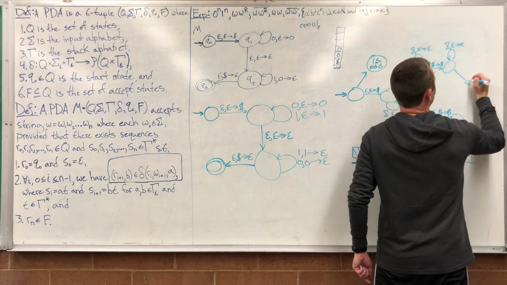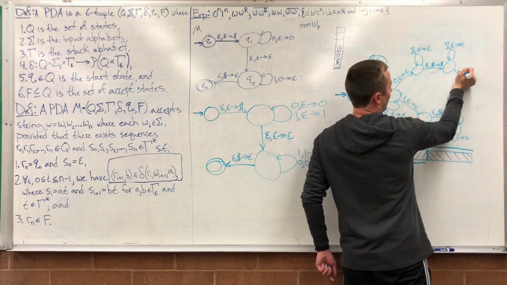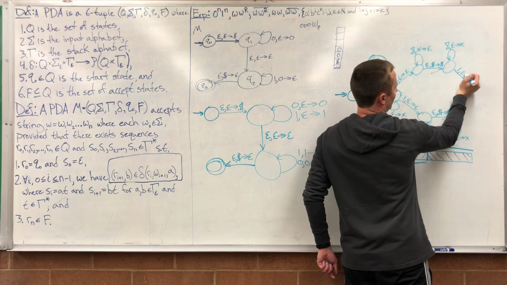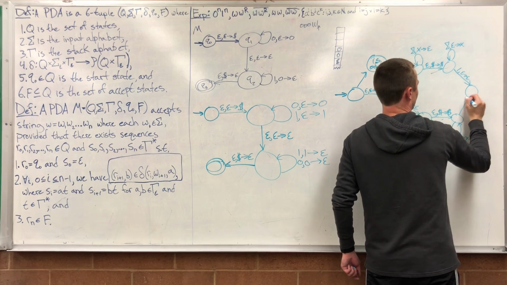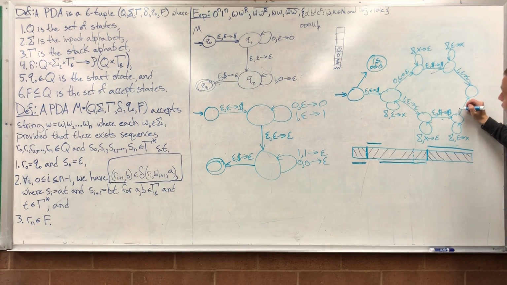So now, if I read a 1, I'm going to pop nothing, I'm going to push nothing, leave our stack alone. Similarly, if I read a 0, I'm going to pop nothing, I'm going to push nothing, which gets us back to this state now. Now in this state, what do we need to do?